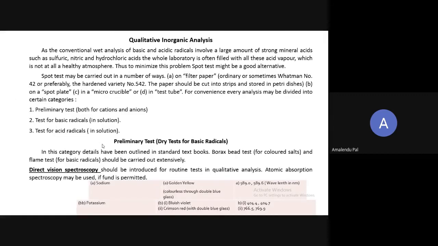Another thing is also qualitative inorganic analysis that I told you last time. It is better to do the spot test.